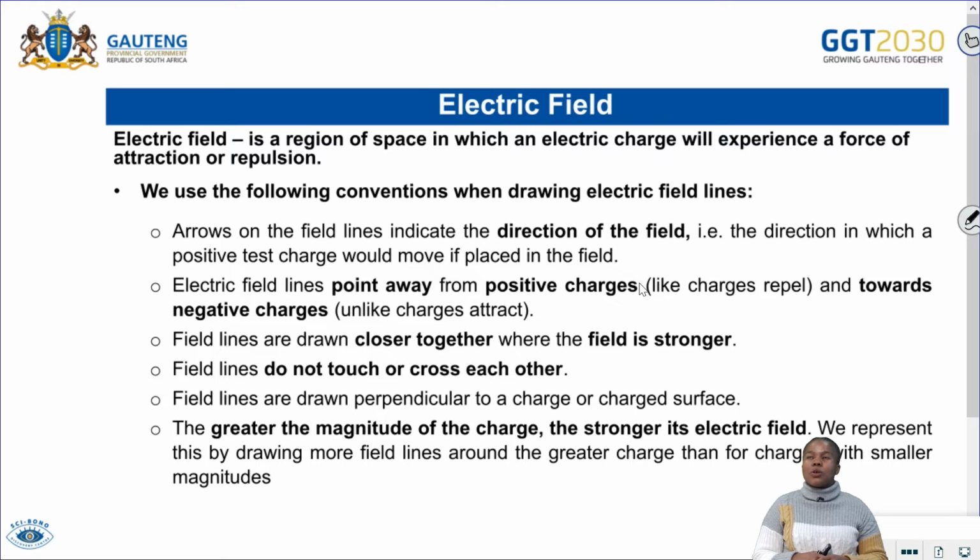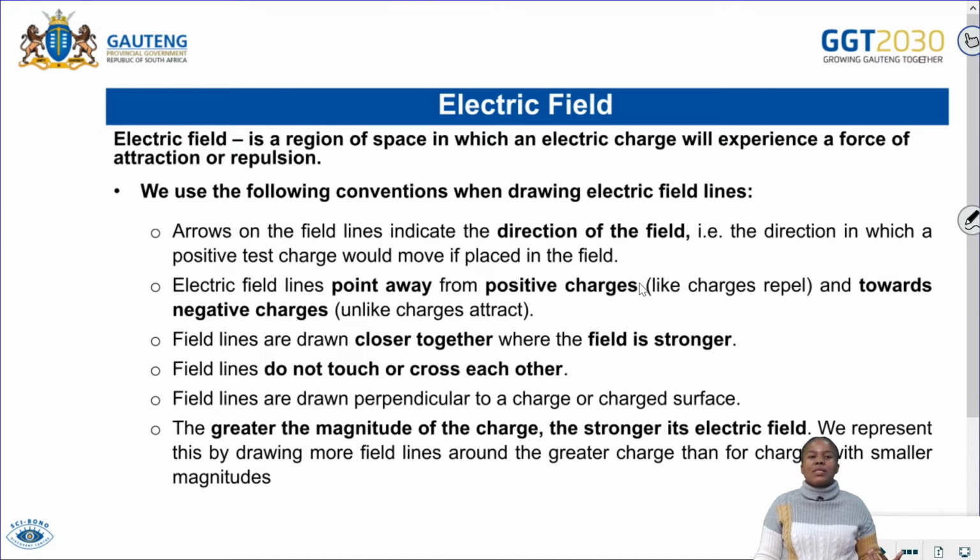Field lines are drawn perpendicular to a charge or charged surface, and the greater the magnitude of the charge, the stronger the electric field. Okay, so if the charge has a greater magnitude, that means the electric field around it is going to be what? Stronger.